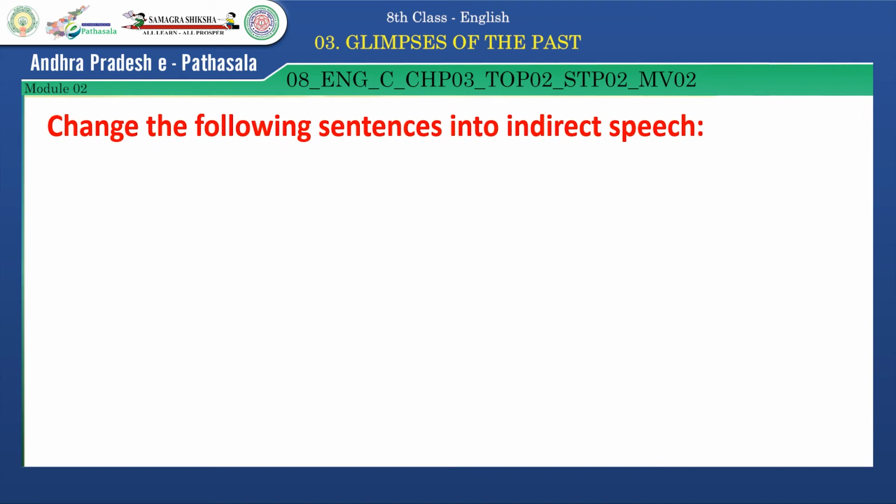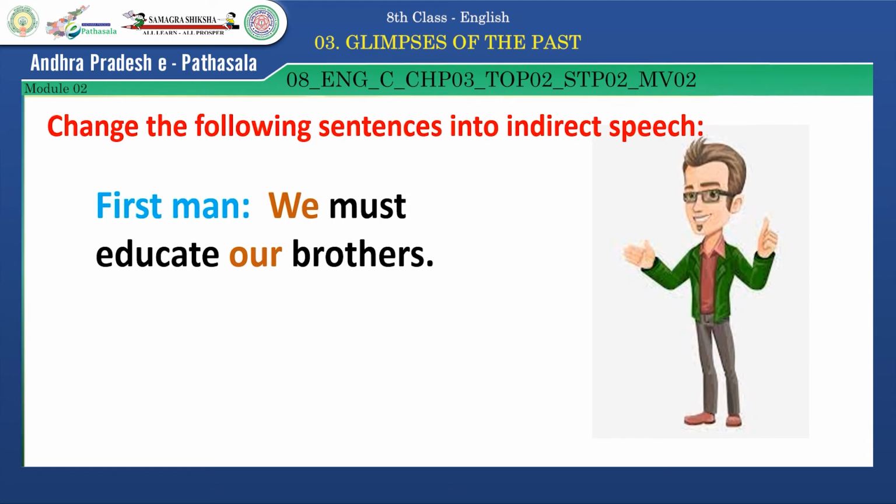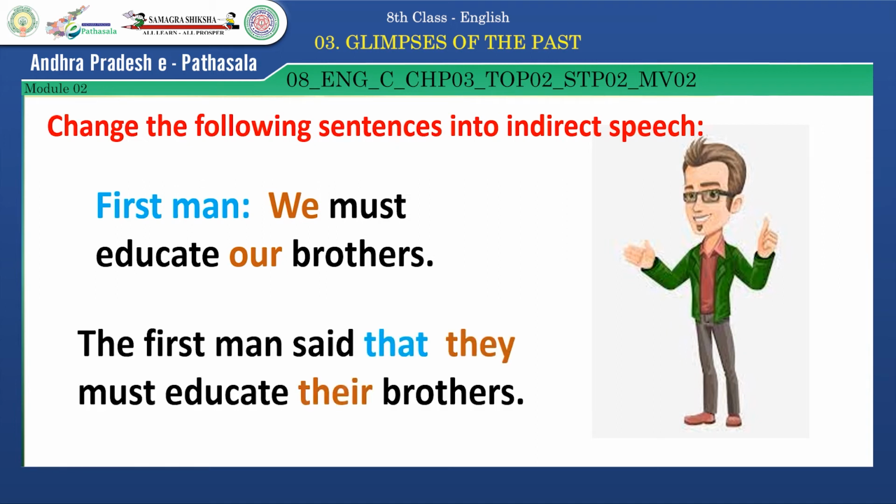Students, shall we see the exercises given in page number 46 of our textbook? Right. Change the following sentences into indirect speech. So here, the first man is telling that we must educate our brothers. When we change this into indirect speech, we can write: the first man said that they must educate their brothers.